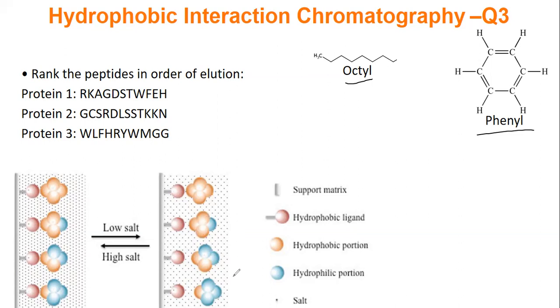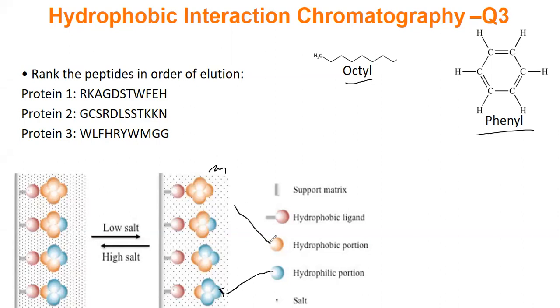So under low salt conditions, as seen here on the right, and the key is if you have a blue sphere, you're hydrophilic. If you have an orange sphere, you're hydrophobic. So under low salt conditions, the more hydrophilic you are, the more likely you are to be eluted off of a hydrophobic interaction column.